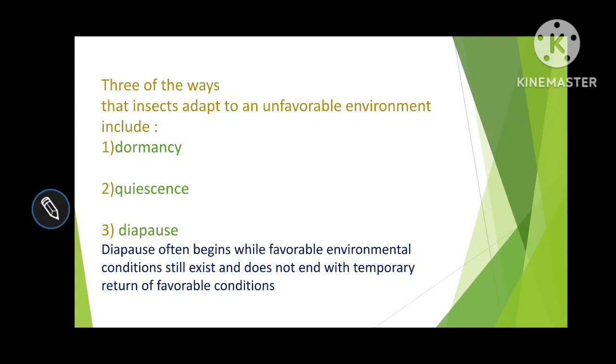The main important point is that the quiescence state is not genetically programmed or regulated. With the return of favorable environmental conditions, the insect responds immediately with resumption of normal activity.